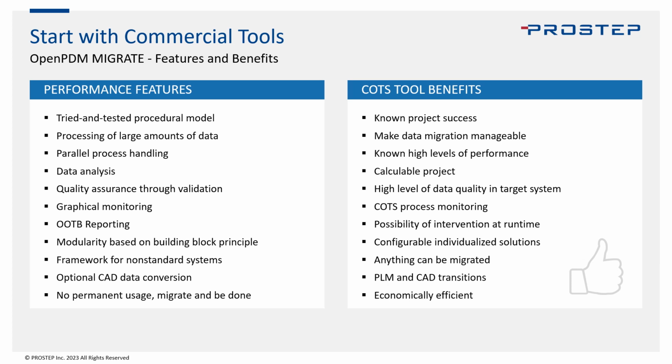Also, with the commercial off-the-shelf tool, you have something that's known to be successful, and you have a known commodity to performance, to what the expectation of a migration might look like. And you can easily then leverage that in order to calculate project durations, make sure you have the right architecture and process procedures, things like that.